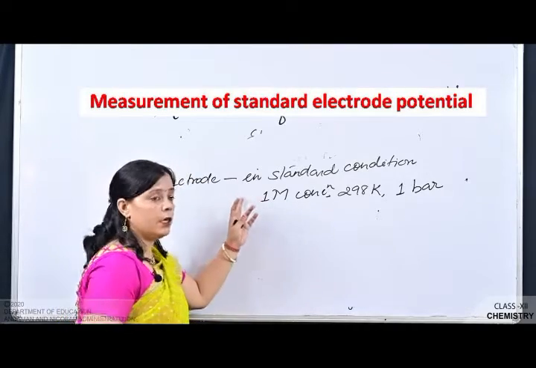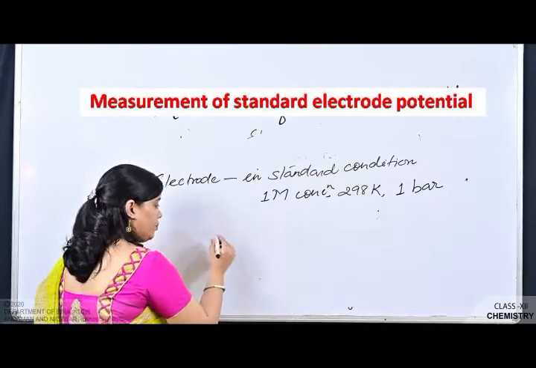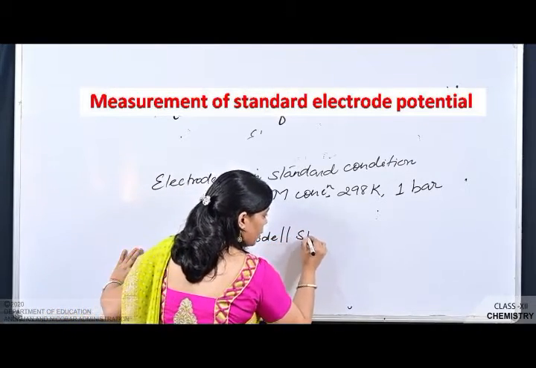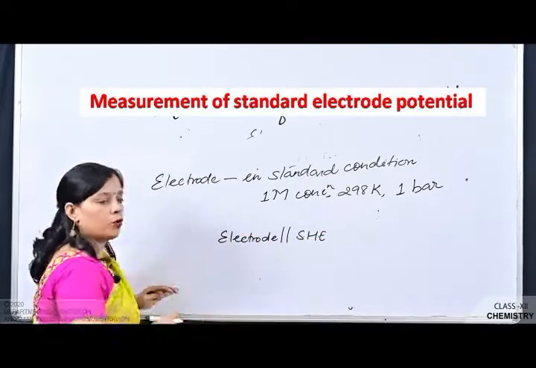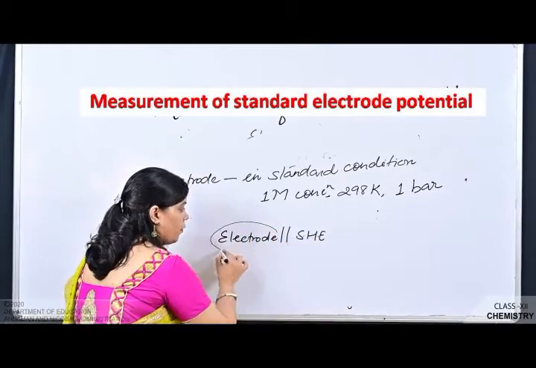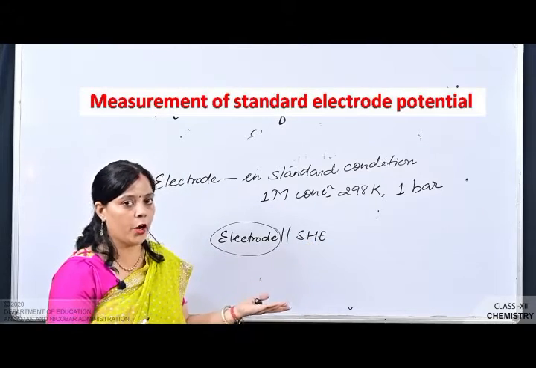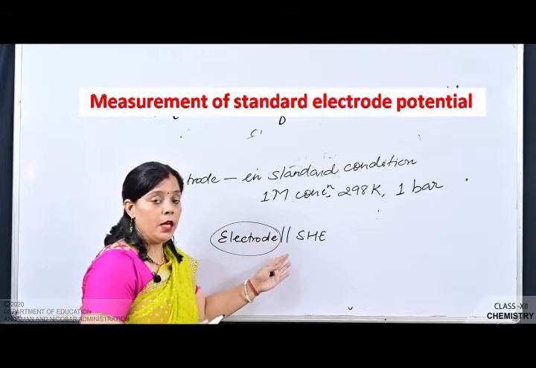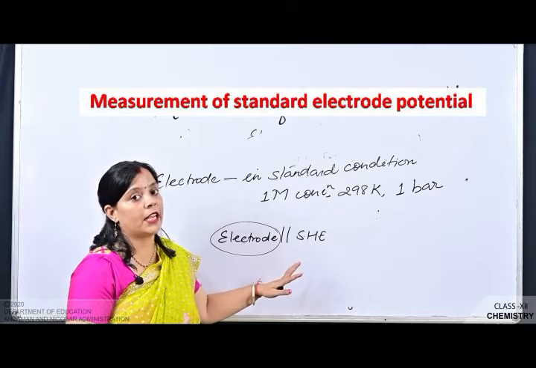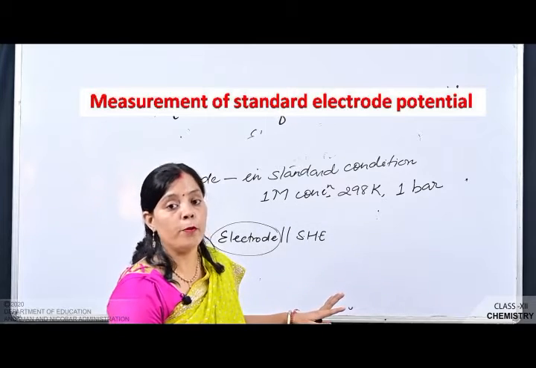So to measure the electrode potential of any individual half cell, that electrode is attached to the standard hydrogen electrode. How can we then measure its electrode potential? The standard hydrogen electrode has zero potential at all temperatures, but we can measure the potential of the complete cell, that is the potential difference between the two half cells, easily with the help of a potentiometer or vacuum tube voltmeter.